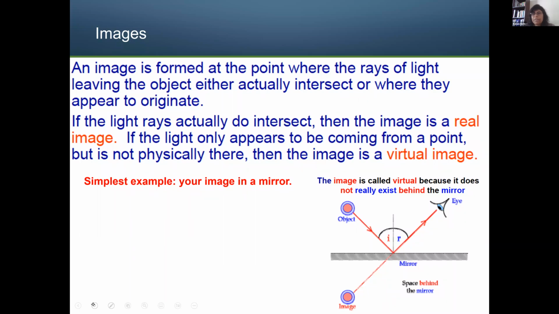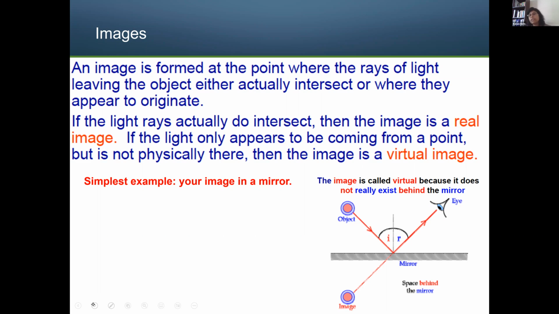Okay, and next one is the virtual image. A simple example is the mirror. When you sit in front of the mirror, you see your image inside the mirror. That is virtual. There is no light going inside the mirror. So you basically extend the light, and the extended light intersects.